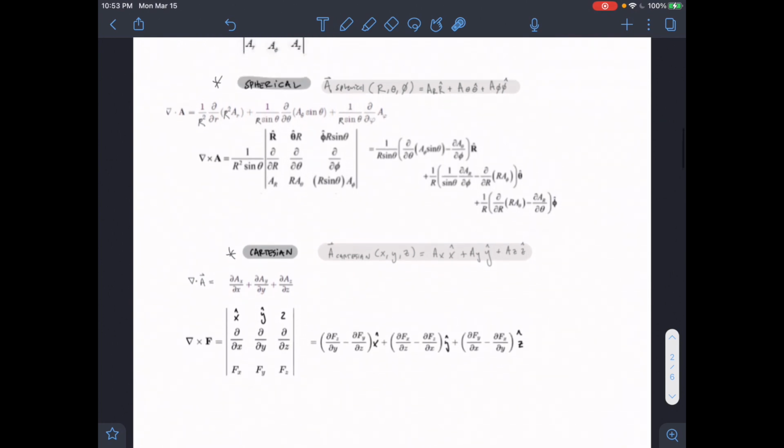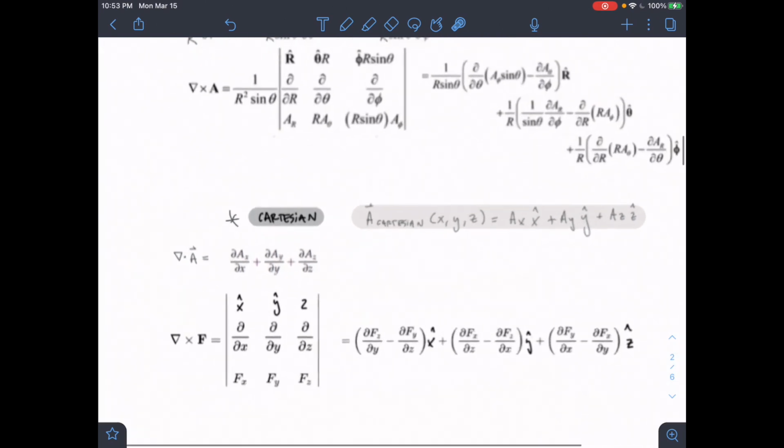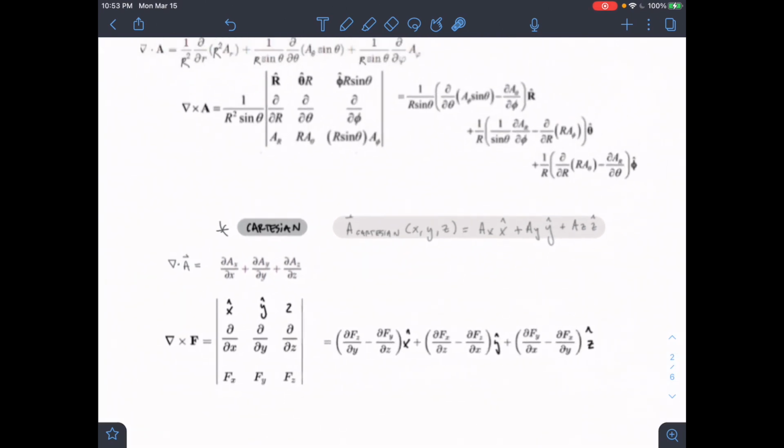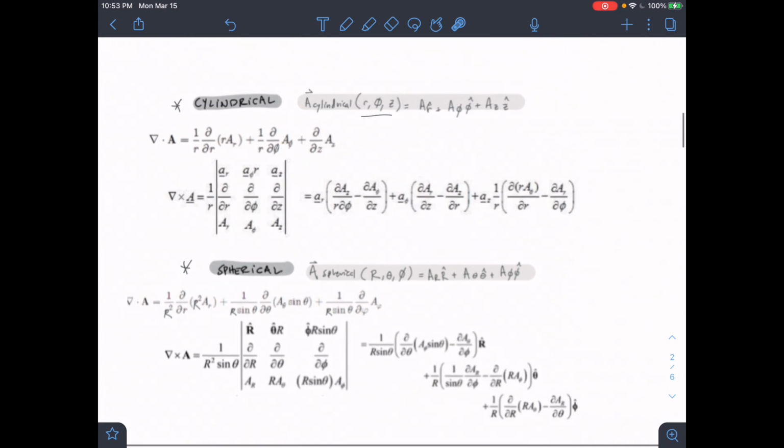One important thing to note about the differences here: Cartesian most people find to be the easiest, but there are general themes that you'll see through all of these. First off, the del operator dot A is a dot product, meaning that the solution may have variables in it, but there is no vector direction. This is just one big magnitude.